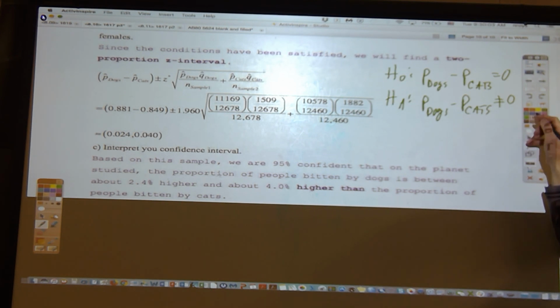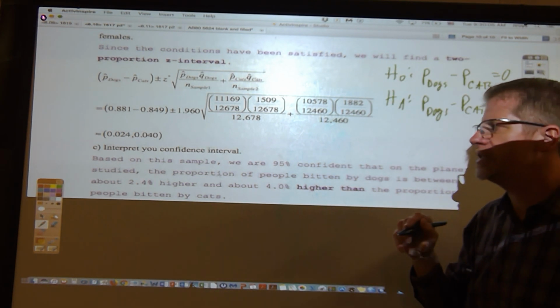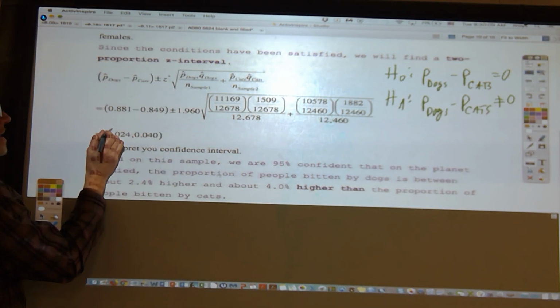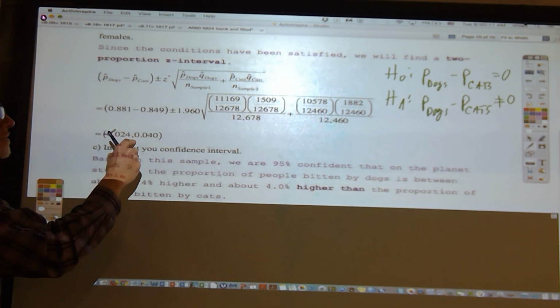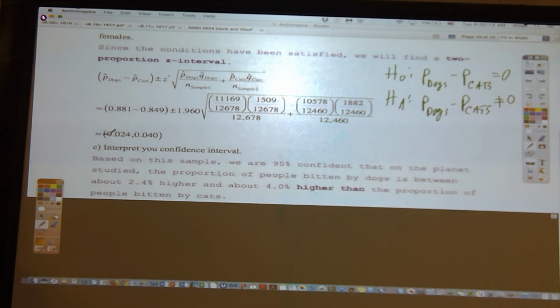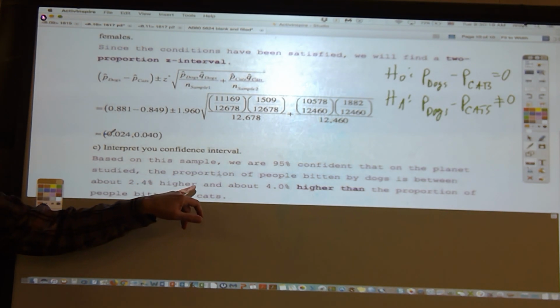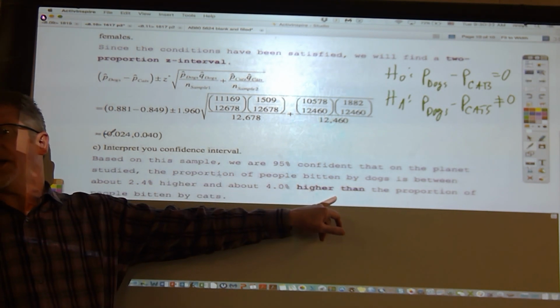So it's kind of tricky to navigate the use of the English language here. By the way, had this number come out to be negative 0.024, then we would have said between about 2.4% lower and about 4% higher.